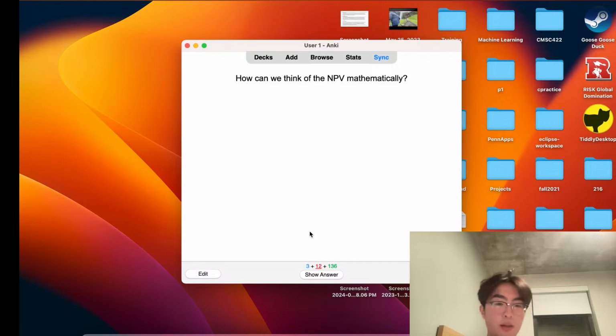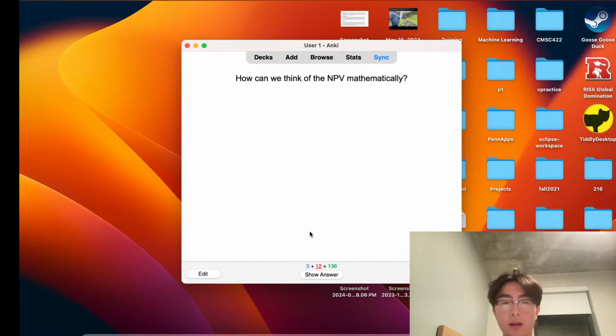How can we think of the net present value mathematically? I think the net present value is just the difference between the present value of an investment and the cost of that investment. So mathematically, it'll be present value minus cost. And the way we can think about the present value is, let's say we have a vector of discount factors and a vector of cash flows.